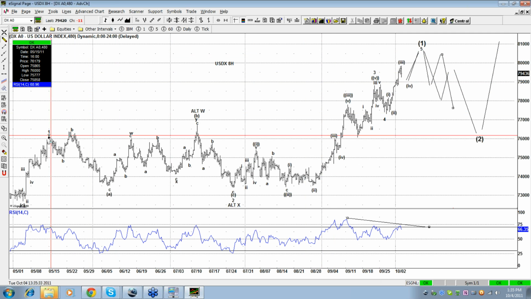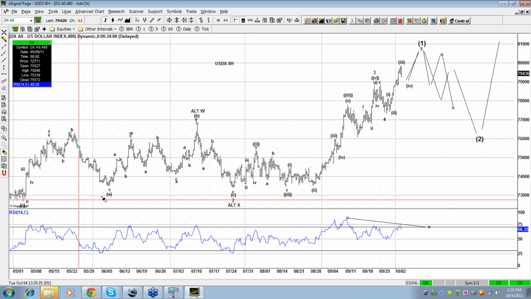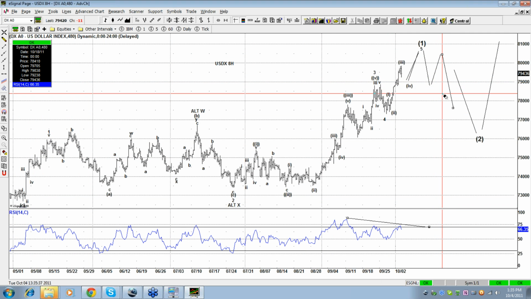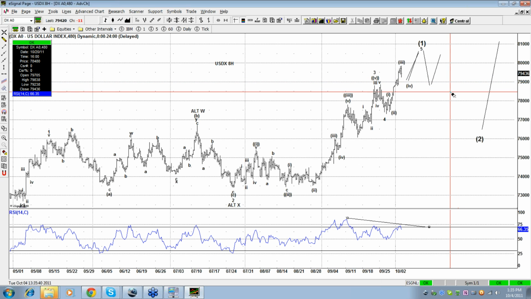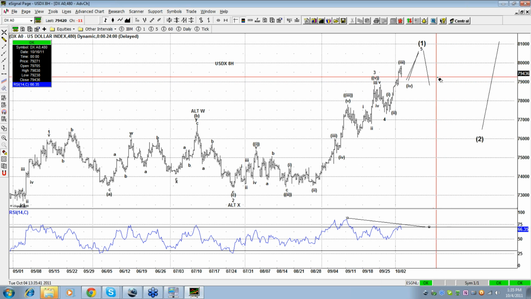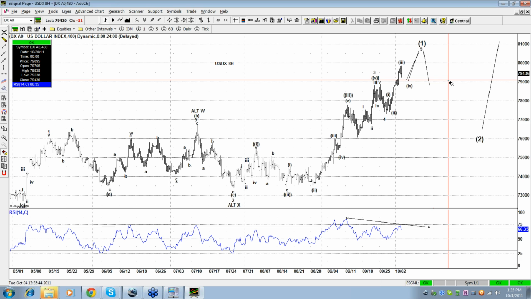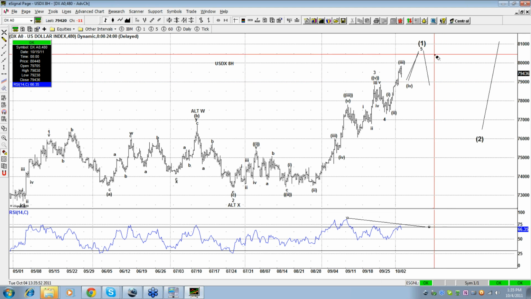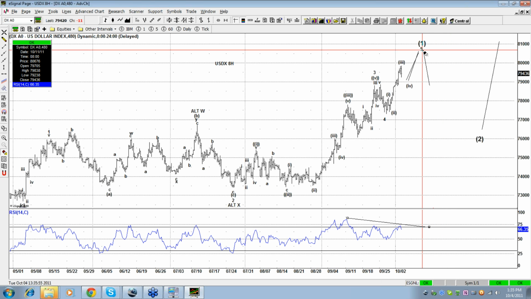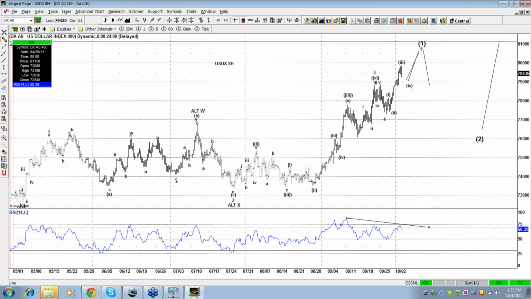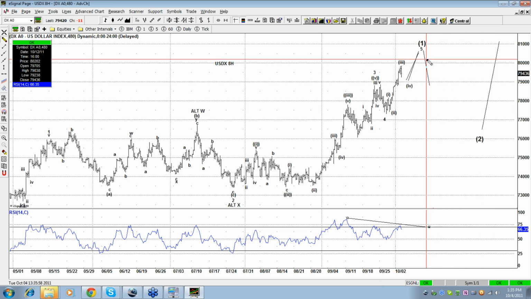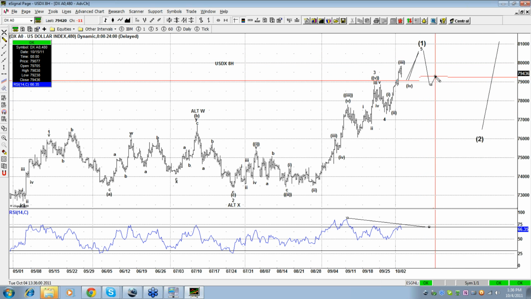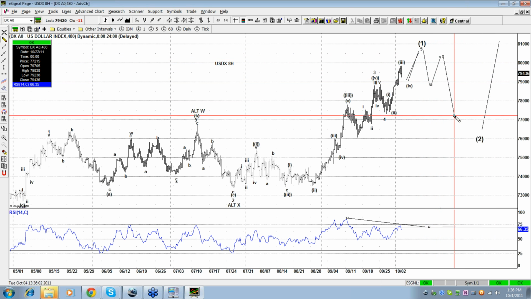Technically, there is no line in the sand. The dollar bottomed already. I want to tell you that with 95% sure that the dollar has a bottom already. But I know that the dollar is going to test 80.50, and from there, that's me. When I see 5 downs, 3 backs, I'm going to sell it.